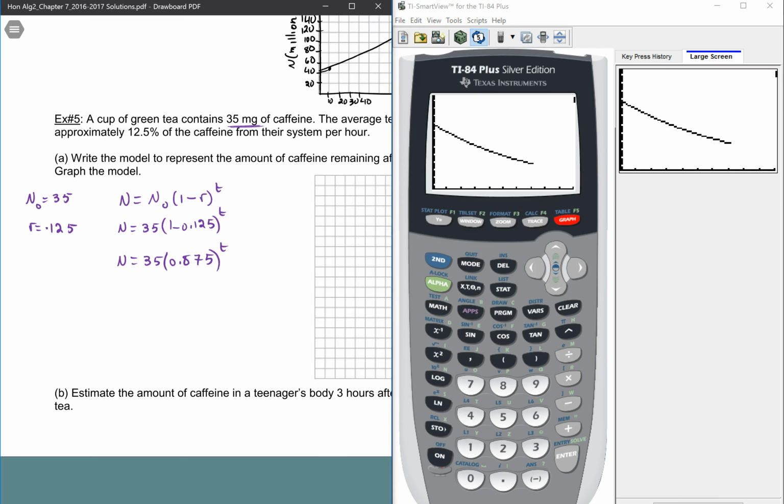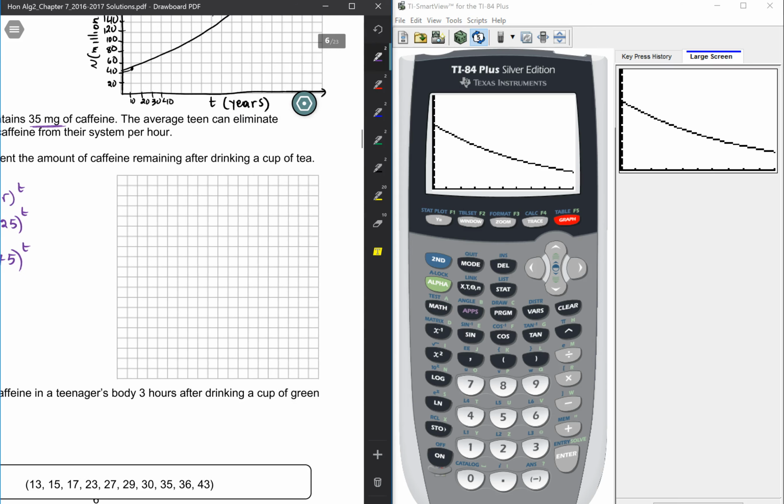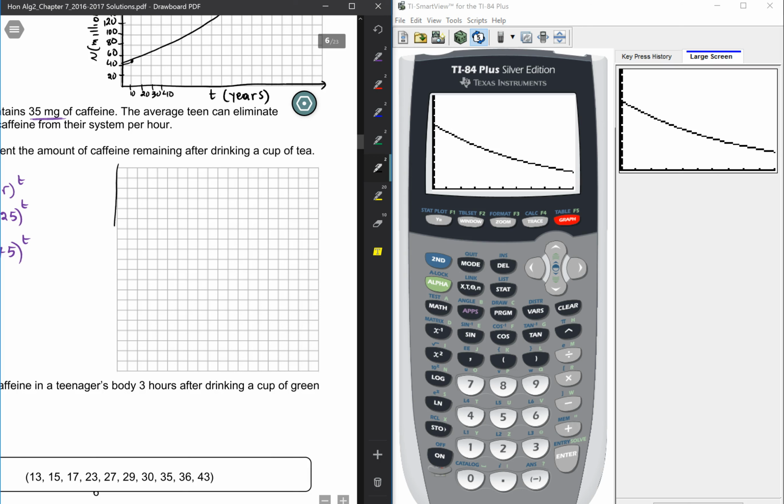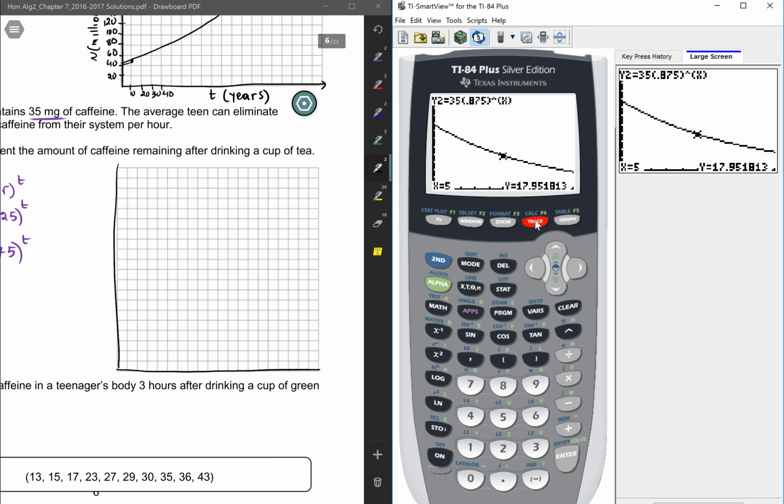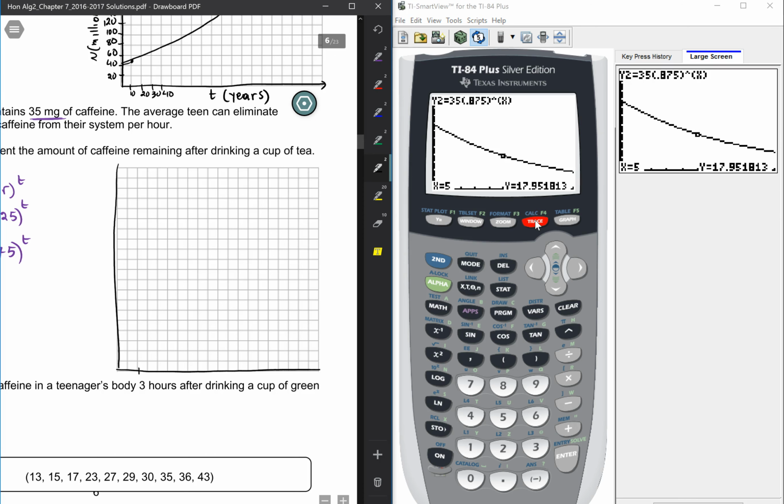Okay. So now X max would be what? 10. The Y min is 0 here. So again, we're going to pick points. It's 1, 2. I have a little bit more room here.